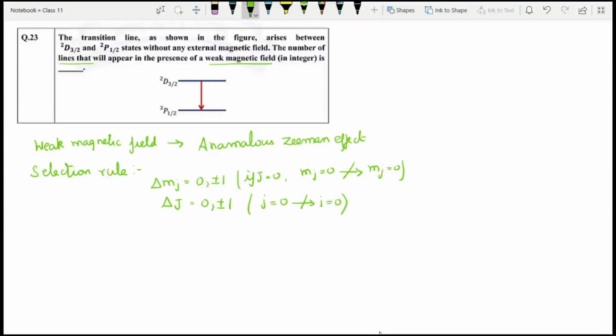Now in the question they have given 2D3/2 and 2P1/2. So the possible mJ values are minus 3/2, minus 1/2, 1/2 and 3/2. And for the other state the possible mJ values are minus 1/2 and 1/2.